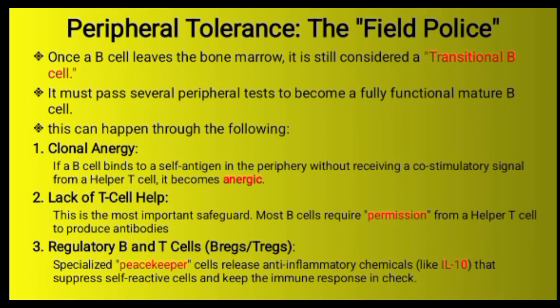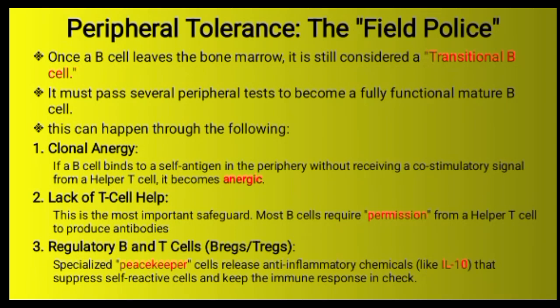First of all, it's called clonal anergy. It's a situation where a B cell binds to self antigen in the peripheral blood circulation without receiving a co-stimulatory signal from a T helper cell, so it becomes anergic, which is the dormancy I was telling you about. It will enter into permanent sleep forever. Then number two is a situation where the B cell requires permission from the T helper cell to produce antibodies.